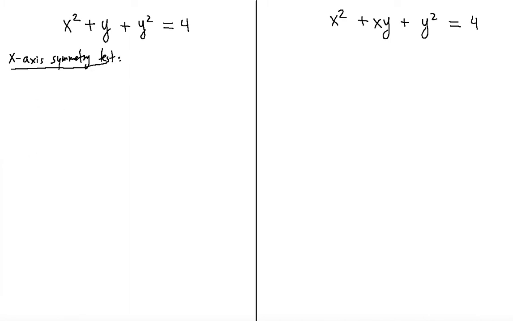And if you imagine the xy plane, and you have a certain equation drawn like this, if you decide to reflect it through the x-axis, it must be true that it should look like this. So it means that it will be symmetric with respect to the x-axis.